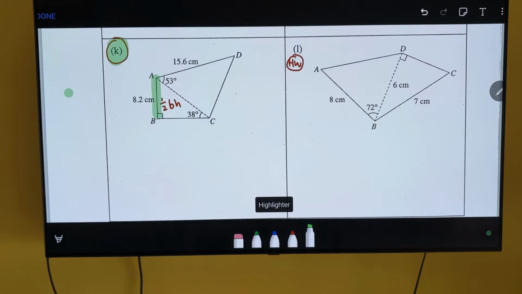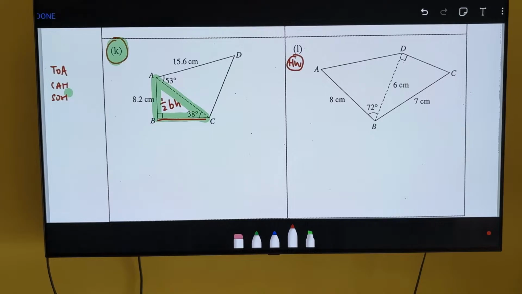So within this particular triangle, we have to use basic trigonometry, simple trigonometry, to find a missing length, which is BC. Now, how can we find that? So we can consider using tangent. Why?